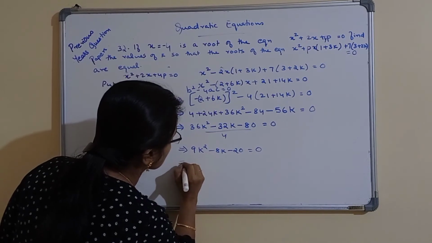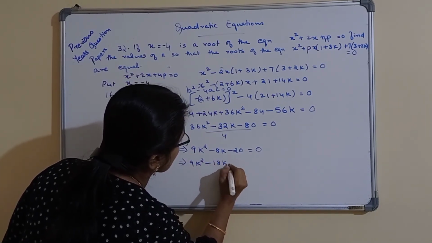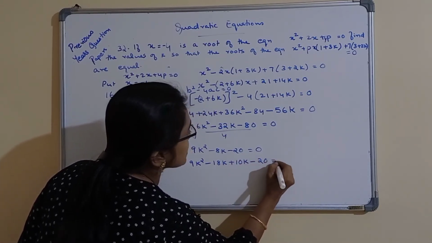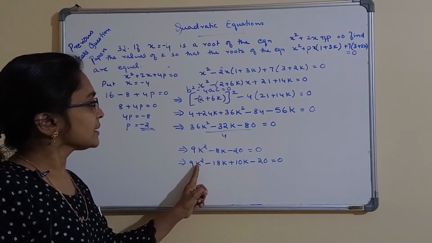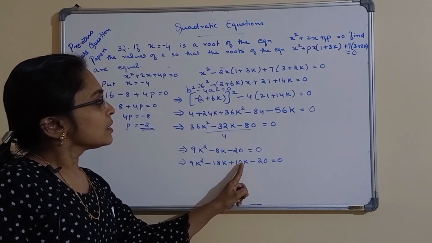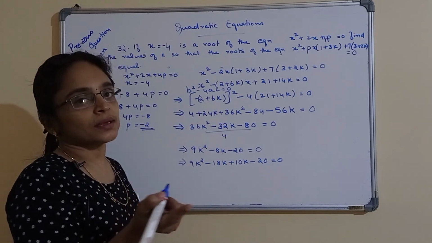And this can be written as 9k square minus 18k plus 10k minus 20 is equal to 0. Right? And we can take 9k common from this and 10 common from this, so that we will get k minus 2.